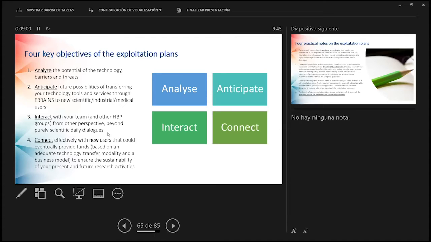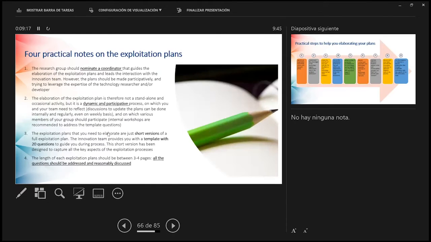So these four main pillars are really important to be acknowledged, because they are behind these exploitation plans. Four practical notes for this exploitation plan.